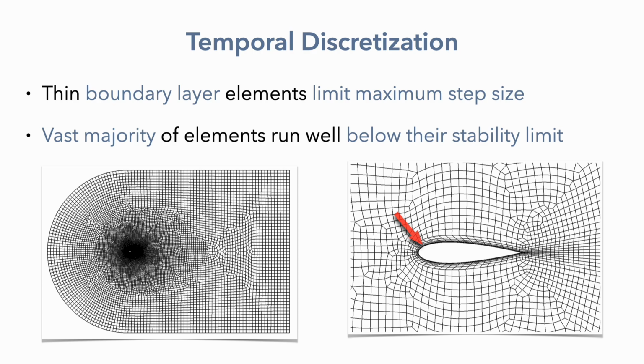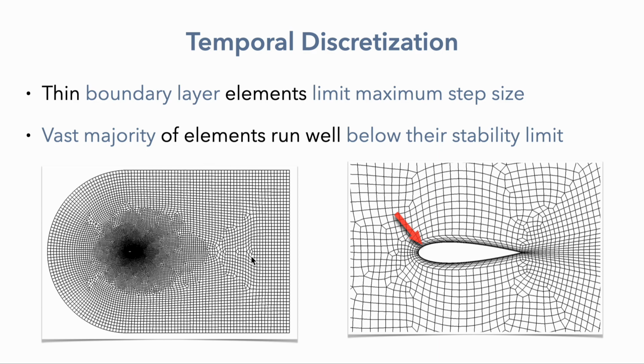So we can't violate the CFL limit within these cells, which means that we need to take a really small delta t. In contrast, the vast majority, let's say 99% of the elements in the domain, are being run well below their stability limit. So we'll take a time step so that the boundary layer elements are, let's say, between 50 and maybe 80% of their maximum CFL number.